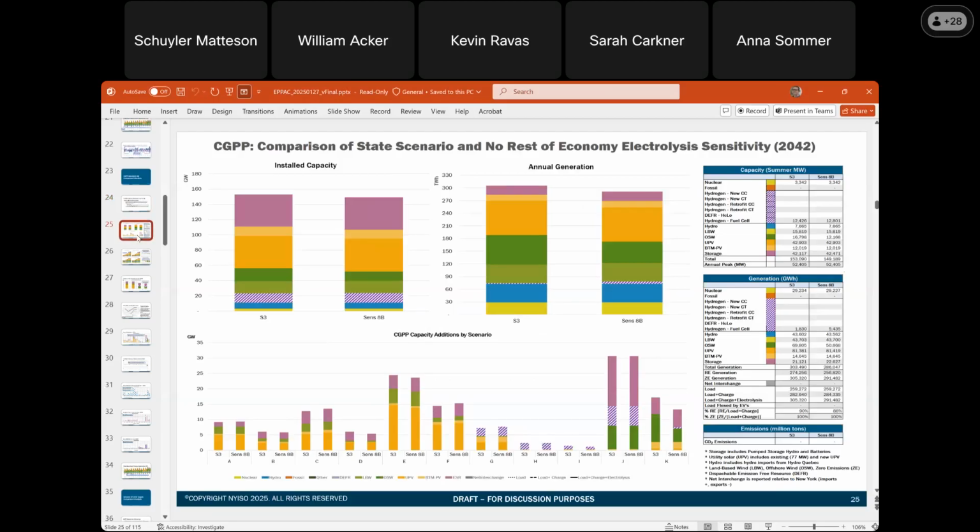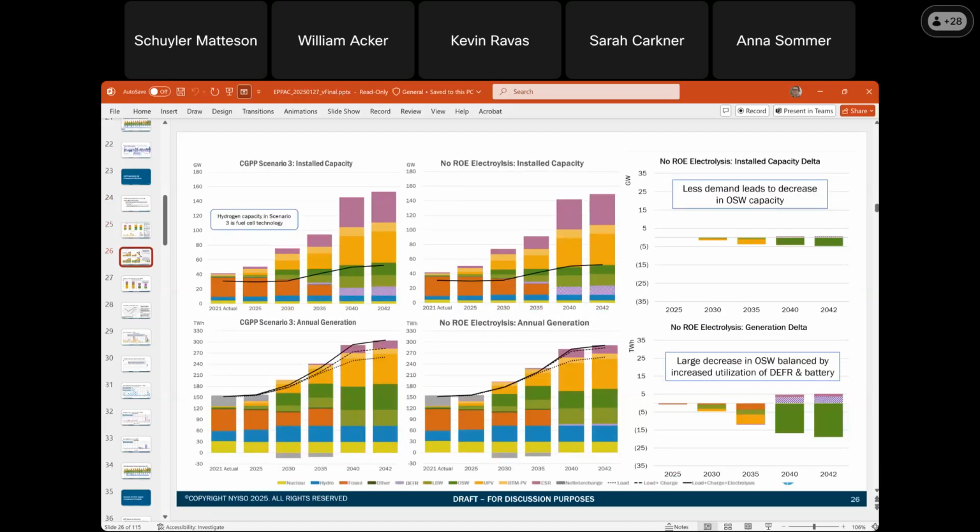So this is showing the 2042 side-by-side comparison, but let me get into some other slides to go over the details. So here's where we can see the change over time on the NYCA level. We see that decrease in offshore wind capacity corresponds to the decrease in load, and then again the decrease in the offshore wind generation.